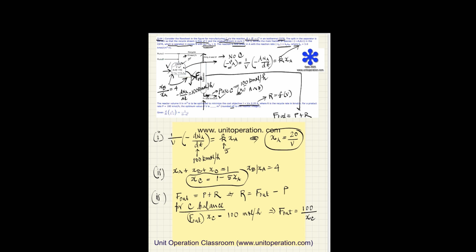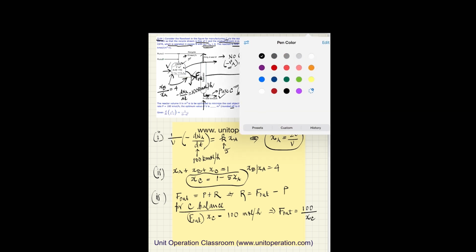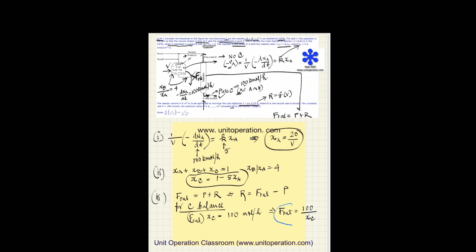Now R is equal to F out minus 100, that is, 100 divided by XC minus 100. And XC is equal to 1 minus 5 XA from the earlier relationship.